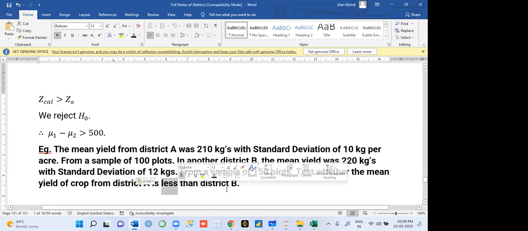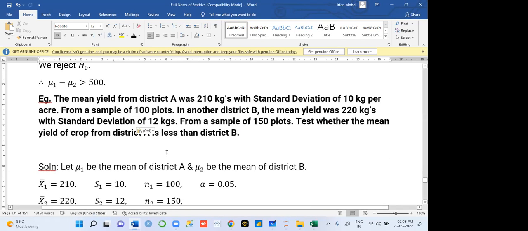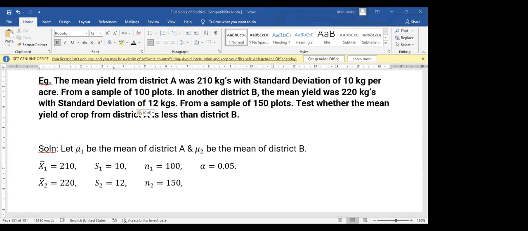So whenever we have less than or greater than, it's one tail. This is the given data. You write by yourself. Online students, you have to solve by yourself. I got minus 7.142.